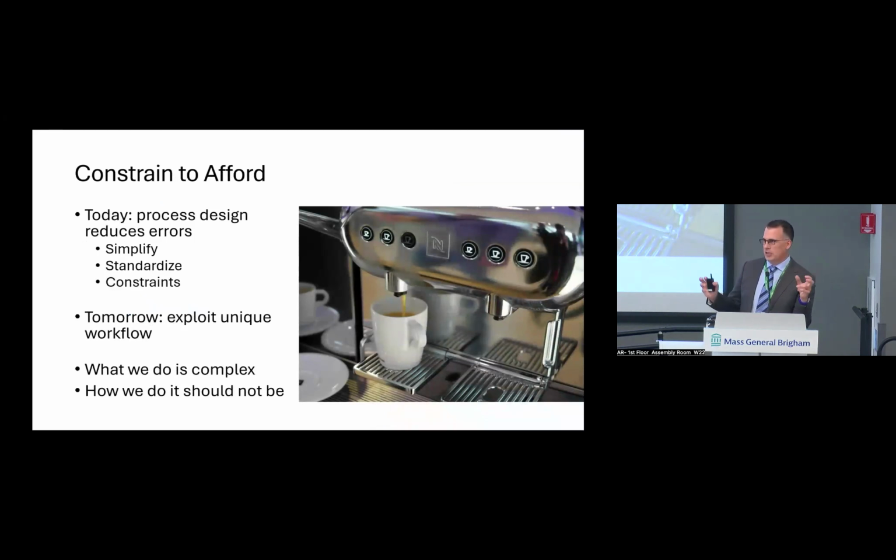Constraining to afford is a human factors term about making sure you can do the thing you really want to do. We're not trying to prevent you from doing your job. It's the job I'm trying to do as well, certainly, but trying to make it really hard to do the wrong things. And so today we talk about error reduction, simplifying, standardizing, constraints.